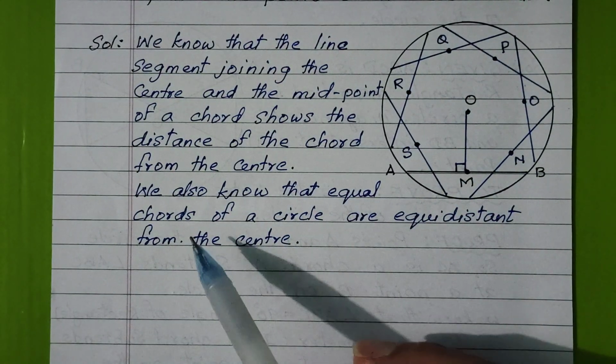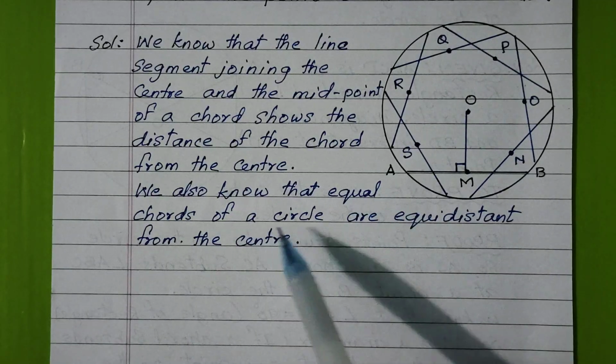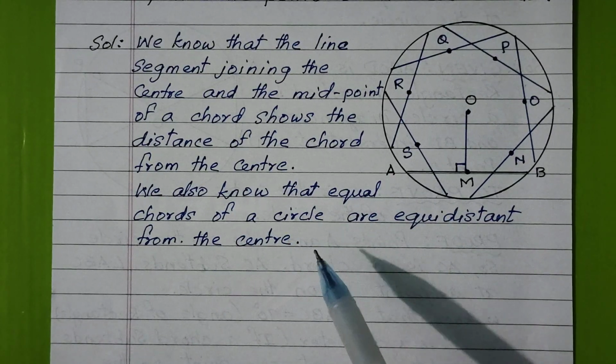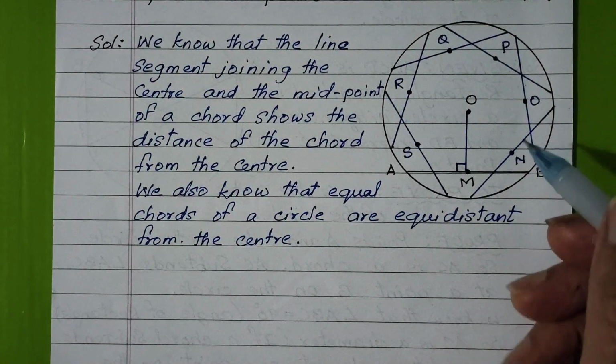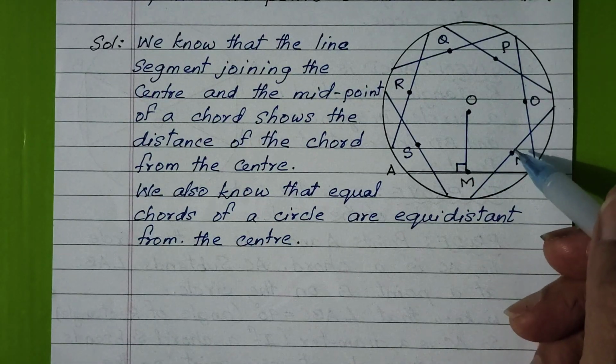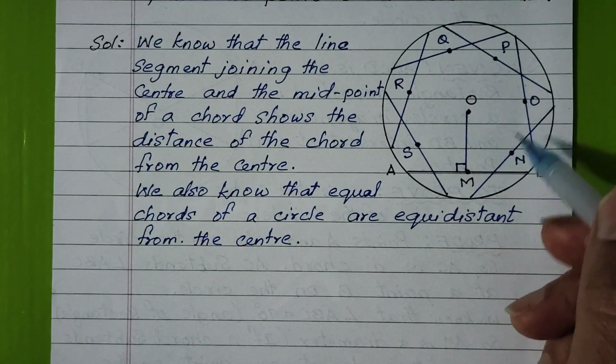We know that equal chords of a circle are equidistant from the center. So the midpoints of all the equal chords will be at equal distance from the center.